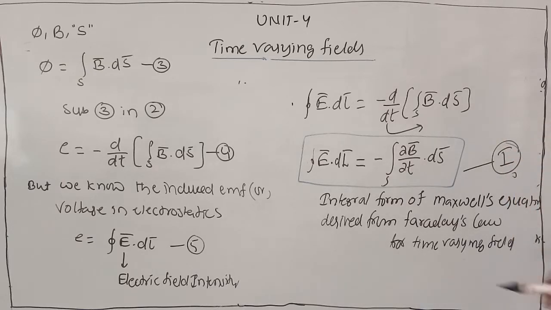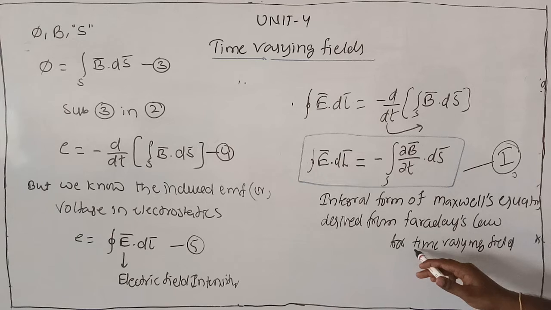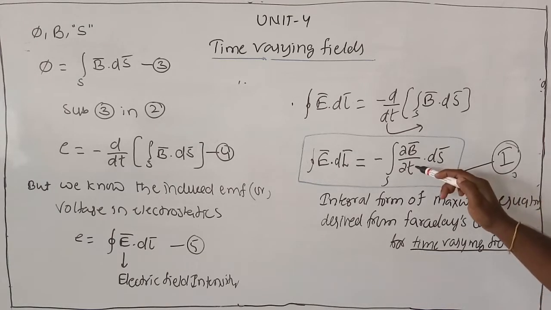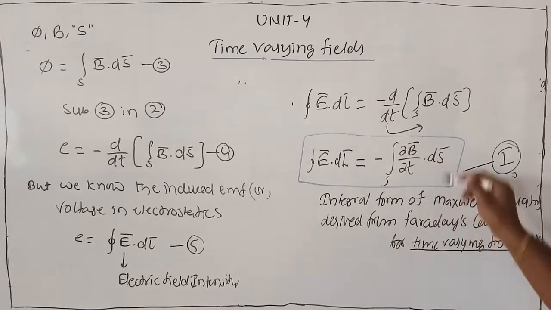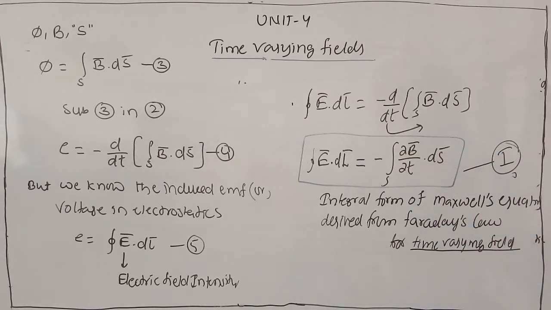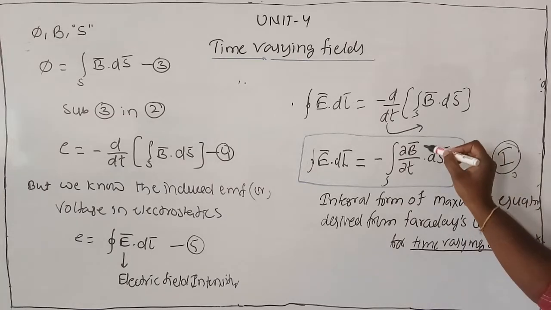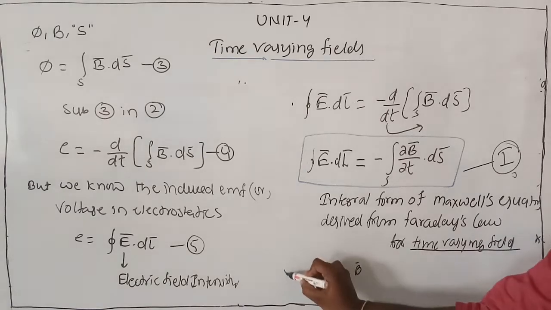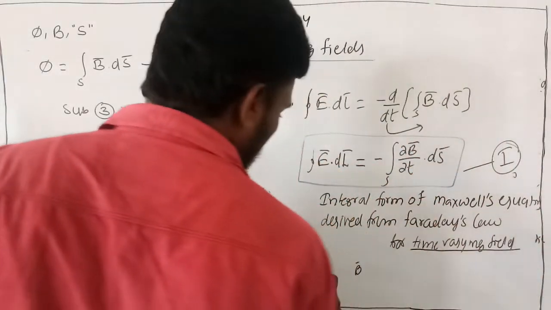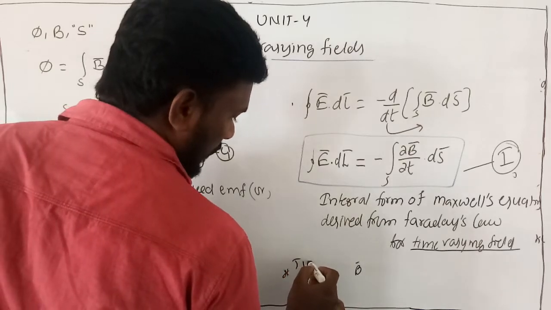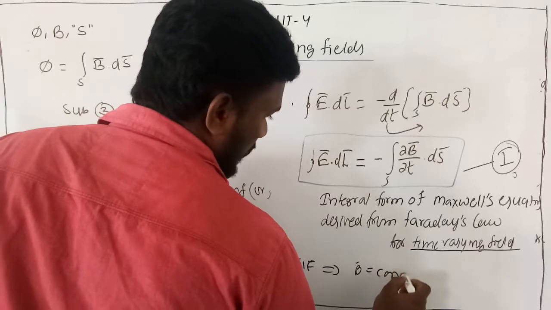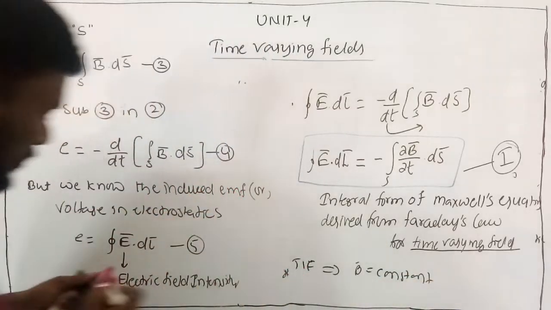Now, can you tell me the same expression for time invariant fields? This one is for time varying fields, as it has a time component. For time invariant fields, TIF, B bar is constant.